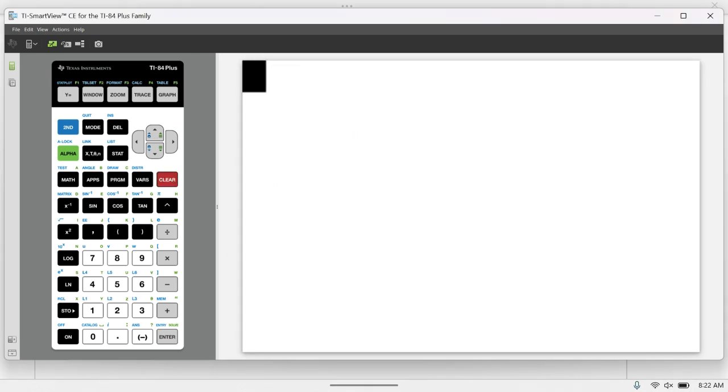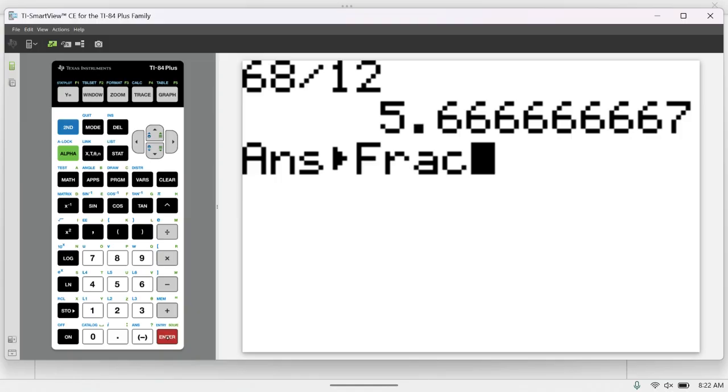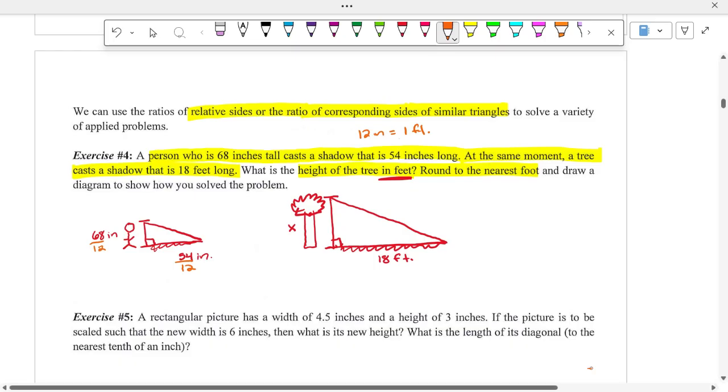If I put those in my calculator, 68 divided by 12, not a nice fraction, but I want to leave it as a fraction, so I'm going to hit the math key and then enter twice. So 17 thirds. Because we want our answers to be as exact as possible when we round at the end.